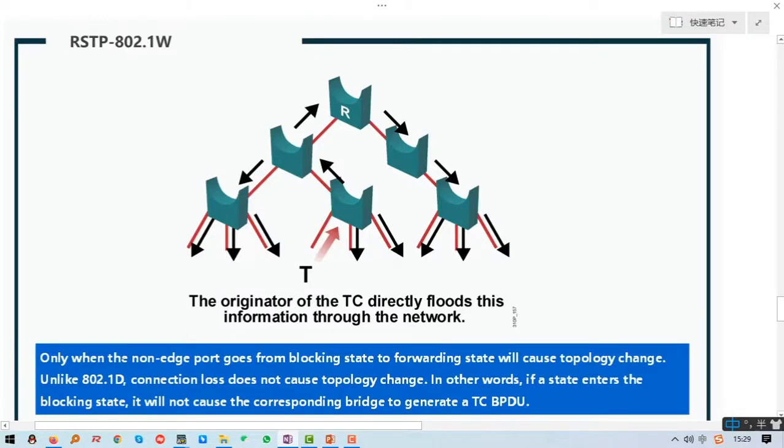And only when a non-edge port goes from the blocking state to the forwarding state will it cause a topology change. Unlike 802.1d, connection loss doesn't cause a topology change. In other words, if a port enters the blocking state, it won't cause the corresponding bridge to generate the TC BPDU.